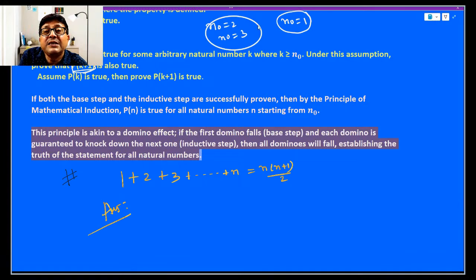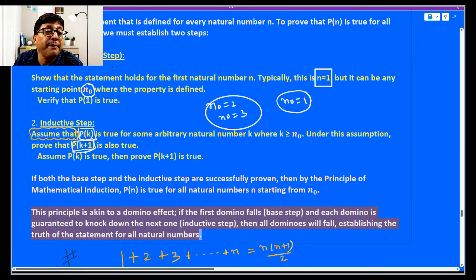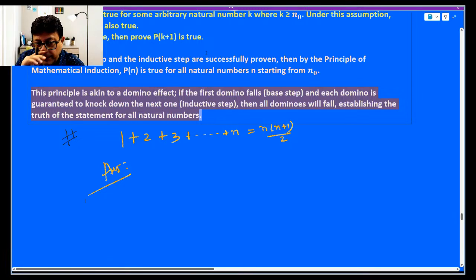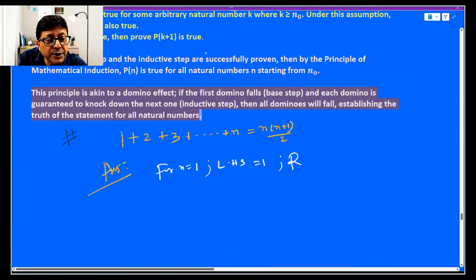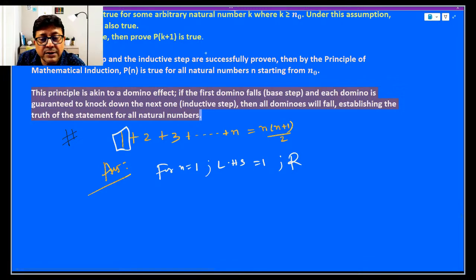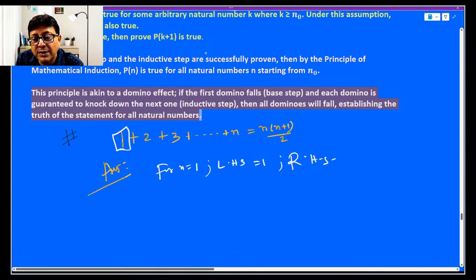So what will be the basis step here? For n equal to 1, the base step, initial step, LHS is equal to 1, because only one term is to be taken into consideration. RHS will be what? 1 into 1 plus 1 by 2. This is equal to 1.